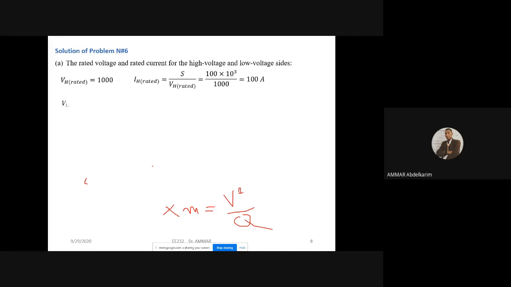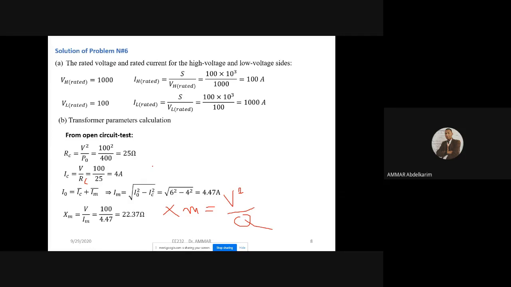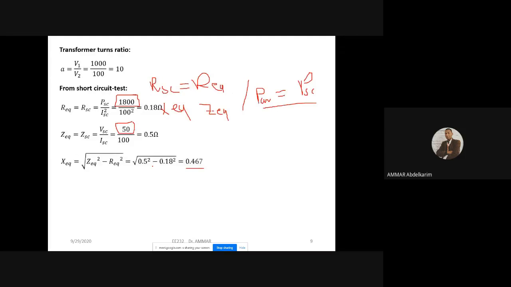So here it's better, as I said, to specify primary or secondary in the problem, not high voltage or low voltage. But here let's consider that the low voltage side is primary and the high voltage side is secondary. So why the approximate, not the exact? The approximate equivalent circuit is the most simplified circuit. What does approximate mean?